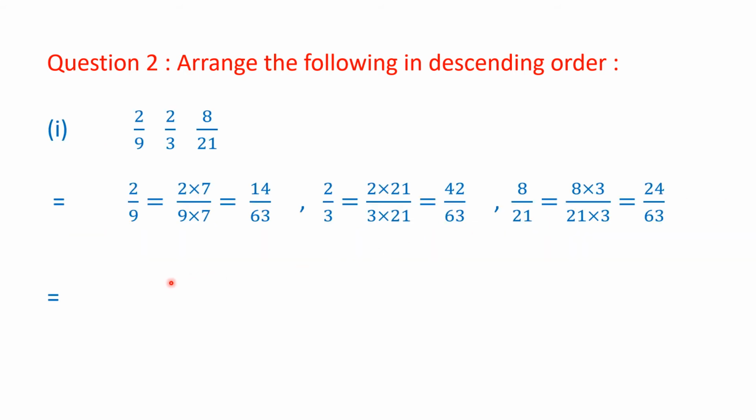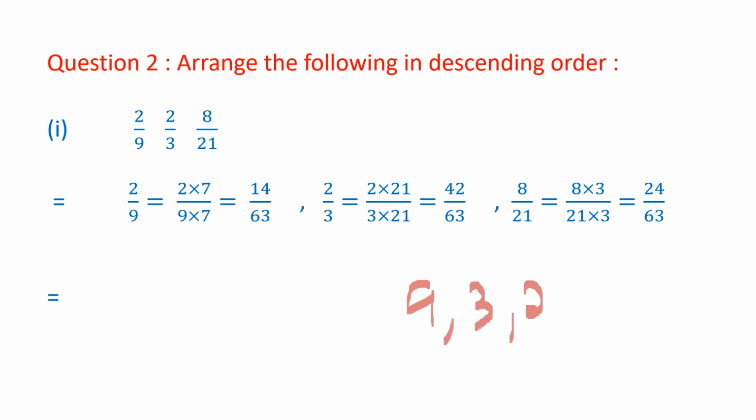So look here. First of all, in order to convert their denominators into the same number, what should we do first? First, we should take the LCM of the denominators, right? What is the LCM of 9, 3 and 21? You already know how to find LCM, so I'm not going to find the LCM here, okay?